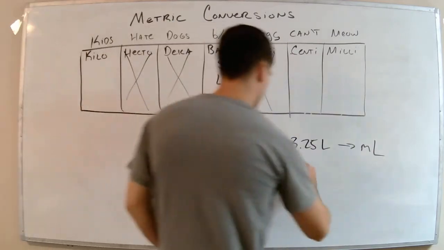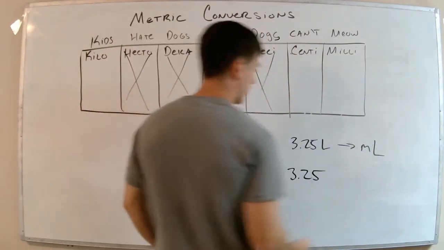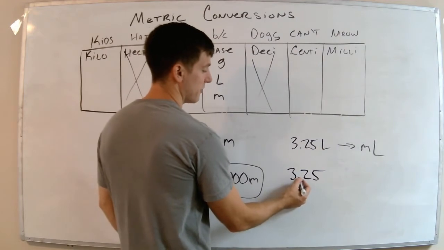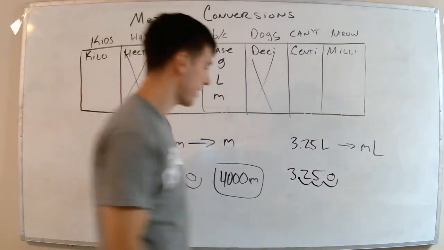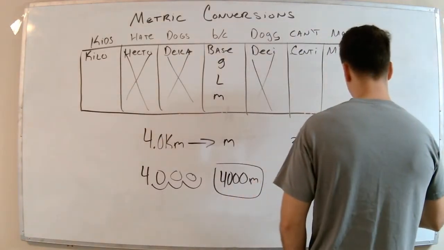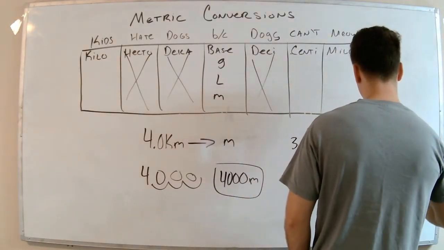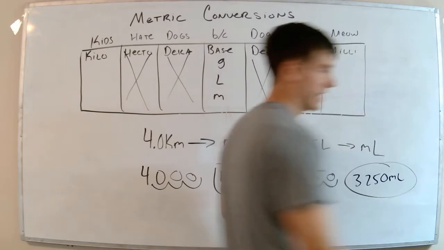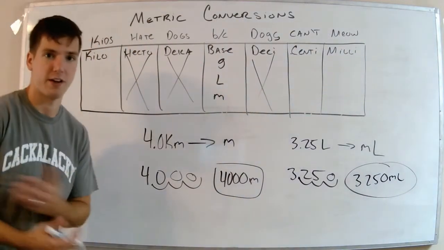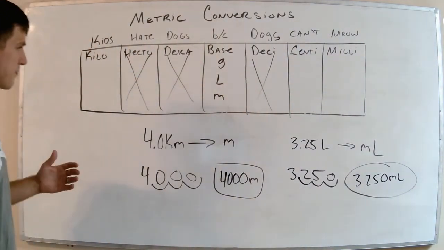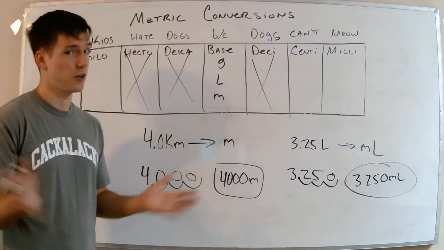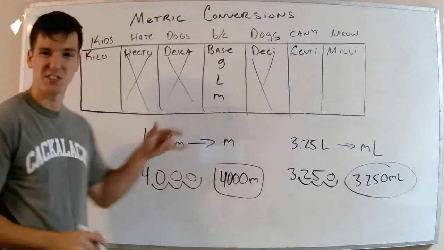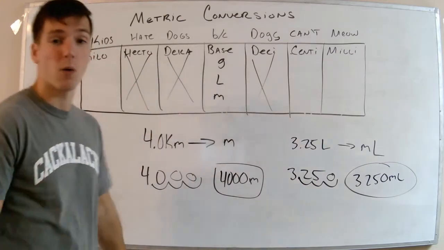So once again, we're going to be taking our decimal, moving it 1, 2, 3 to the right, filling in any zeros we have there, and it ends up that there are 3,250 milliliters in 3.25 liters. Okay. If you want just times by 1,000, if you think that works, good, do that. Okay, I think it's easier just to move the decimal 3 to the right or 3 to the left.